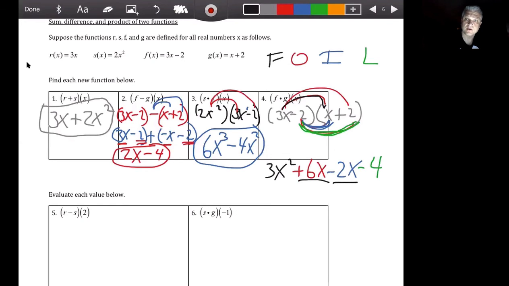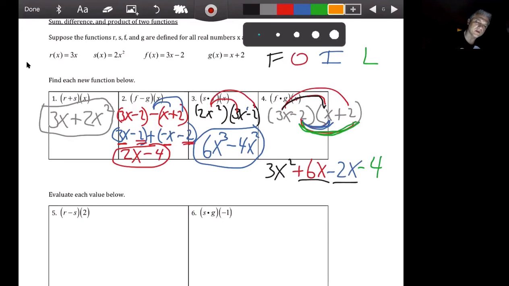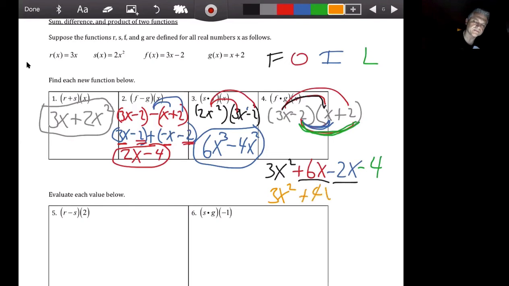Yes, there are. So positive 6x and minus 2x, combine them. And so you should get a final answer of 3x squared plus 6 minus 2 is plus 4x, and then bring your minus 4 down. There's that answer.